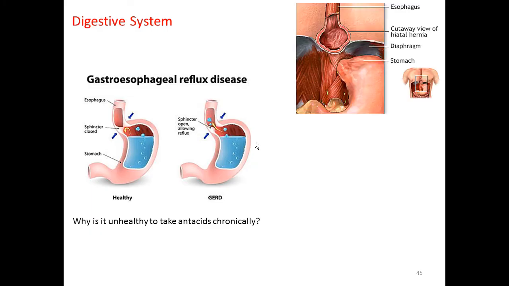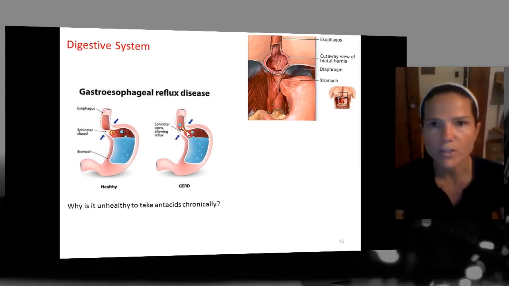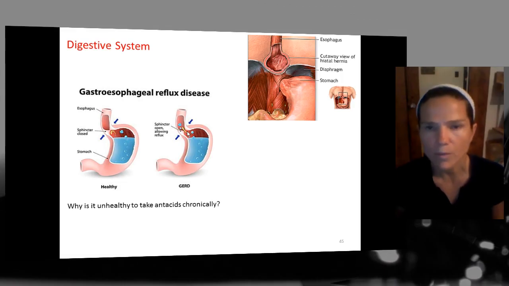And if you kept taking antacids to curb the pH, the acid getting up into your esophagus, well, then think about what's going to happen. If your stomach acid goes from 1 to 4, well, first of all, you're not going to be able to digest proteins because the pepsin enzyme in the stomach needs it to be 1. Remember, enzymes need an optimal pH, and 4 is not it.